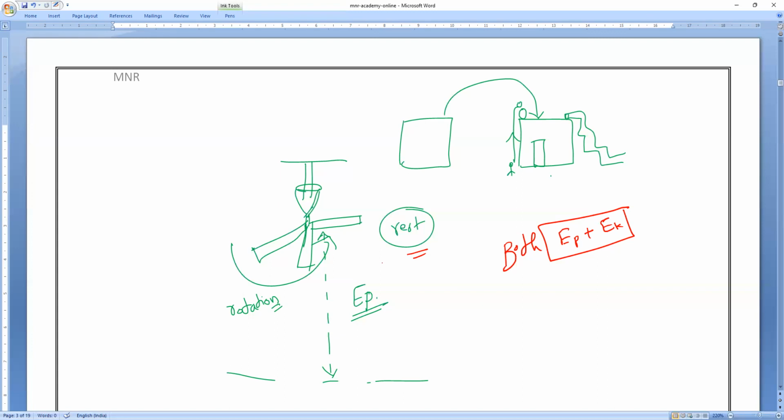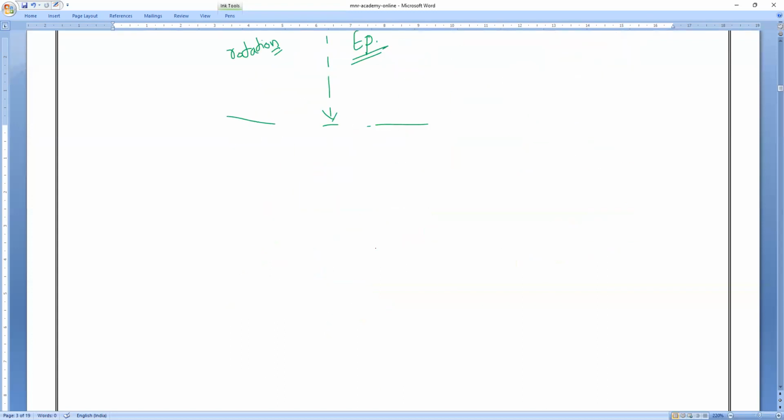So solve one question, then we'll finish it. A body of mass 10 kg is kept at a height of 5 meters.